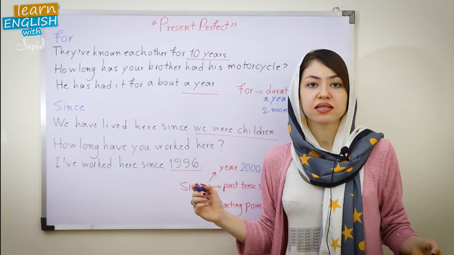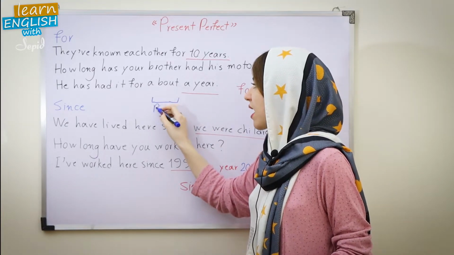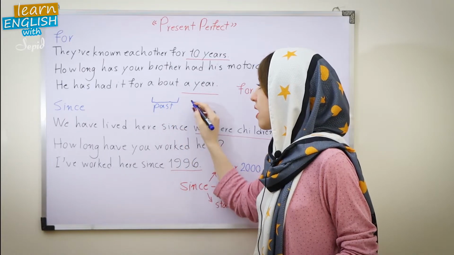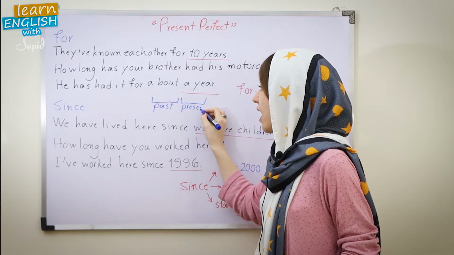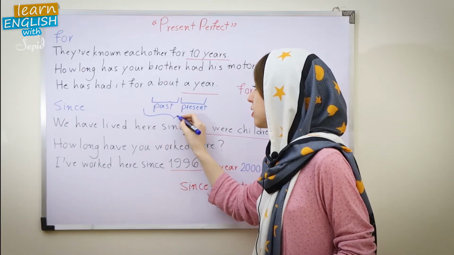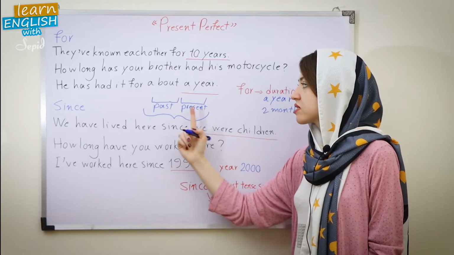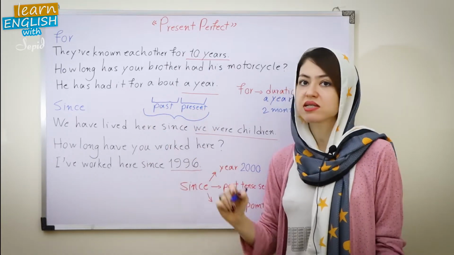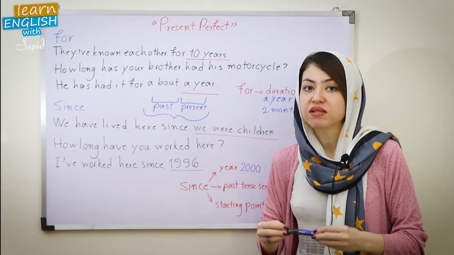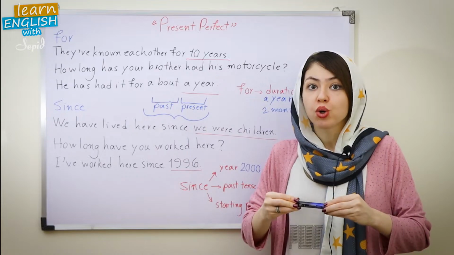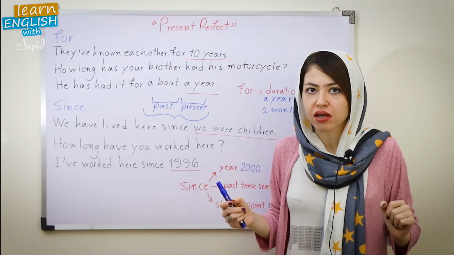Present perfect is a tense which considers past tense and present tense as a single tense, okay? So, if we say past and present are together, it means present perfect, and we should use unspecified time, that we don't know exactly when the action happened, okay?